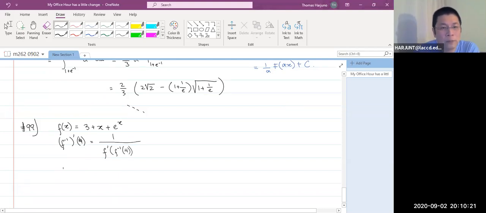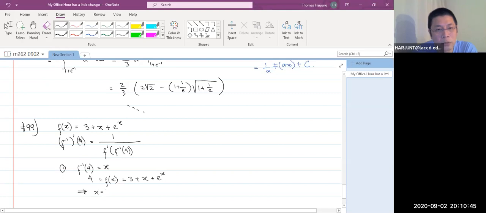So first step, what is f inverse of 4? If I call that x, then 4 equals f of x, which is 3 plus x plus e to the x. I think it is 0, huh? So x equals 0.